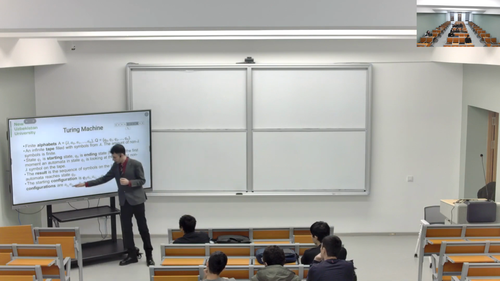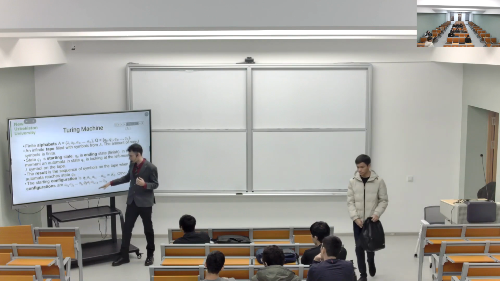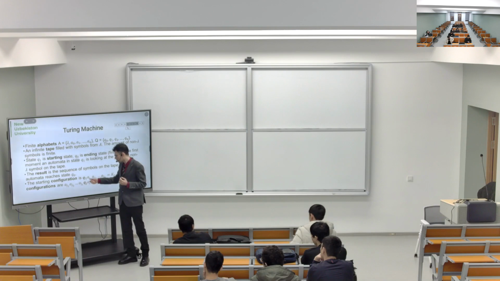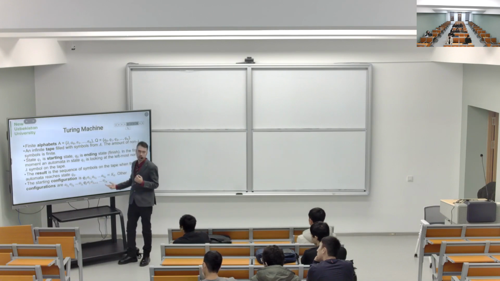At any point, you have some configuration looking like that. There are some symbols before, the machine is looking at that symbol in this state, and there are symbols after.